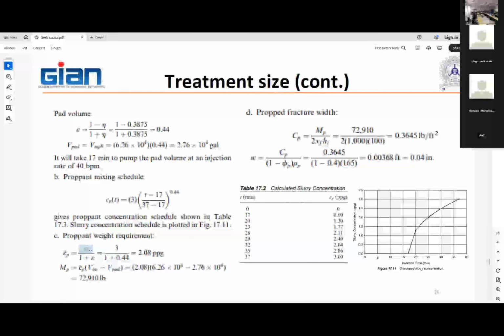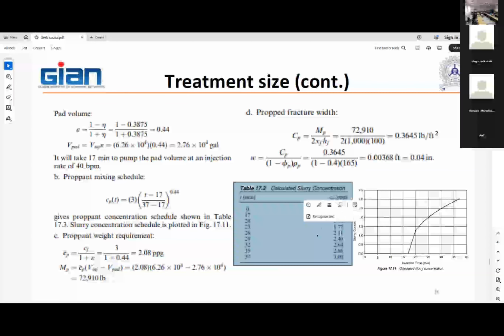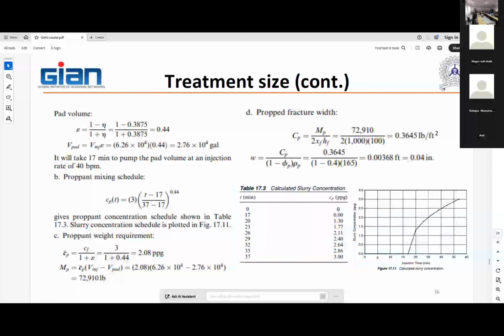So you know that CF was how much? 3. So 3 divided by 1.44, which is your epsilon, is 2.08 pounds per gallon. So this is the average. If you take this table and find the average of these numbers, you will get 2.08 ppg.